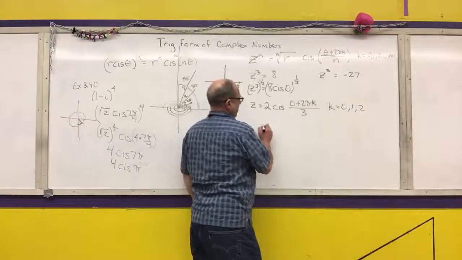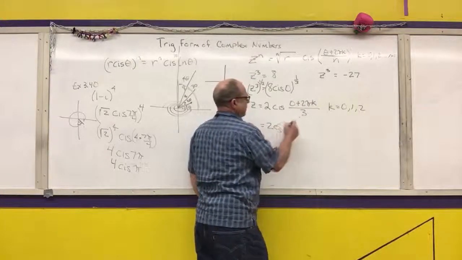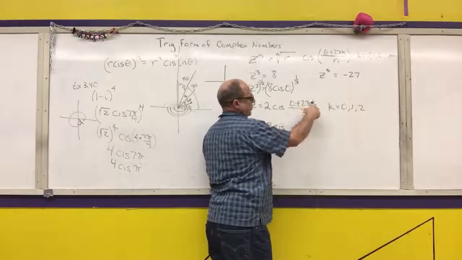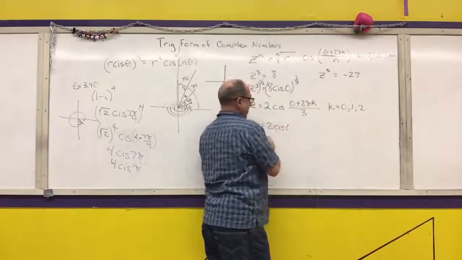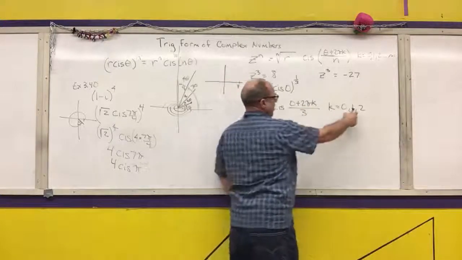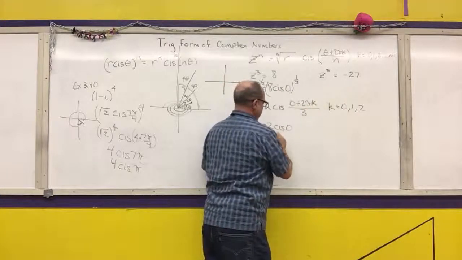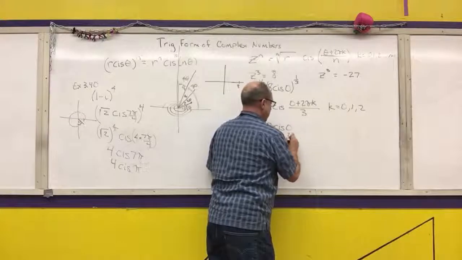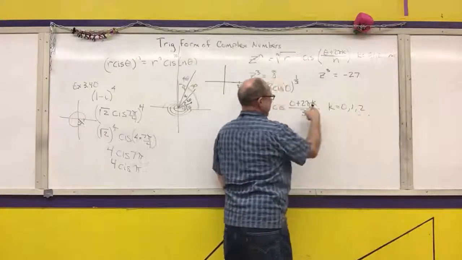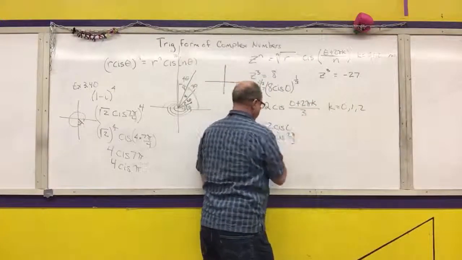So my roots are going to be 2 cis. Put a 0 in here, I get 0 plus 0 thirds is 0. I get 2, put a 1 in here, so that would be 2 pi thirds. And then I put a 2 in here, and that would be 4 pi thirds.